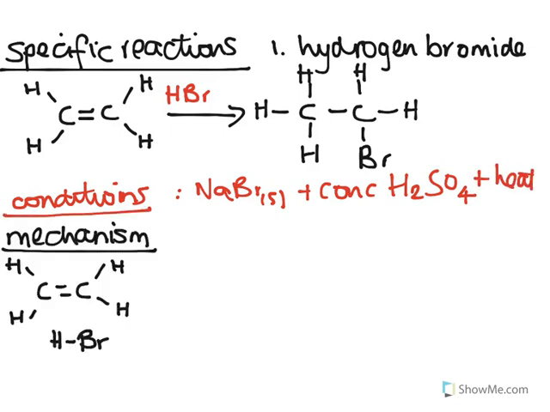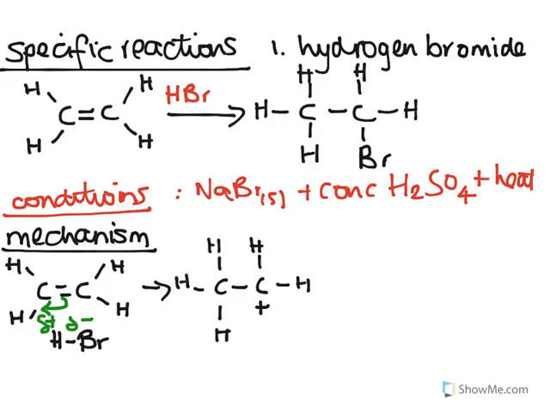So if we have a look at the mechanism, hydrogen bromide is a polarized molecule, the hydrogen being the electrophilic part. So if we have the pi bond reacting here, we get our carbocation intermediate here, fill in the hydrogens, and of course as a result of this bond breaking here, we end up with Br minus.